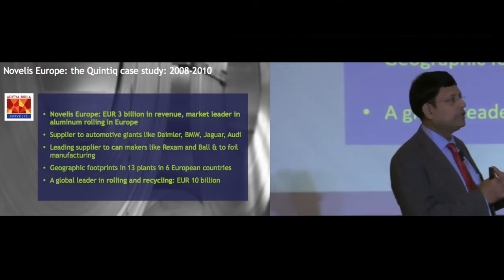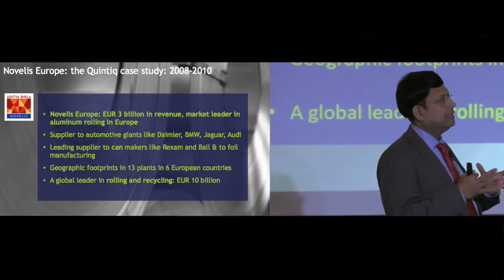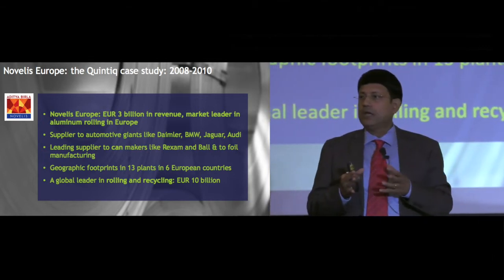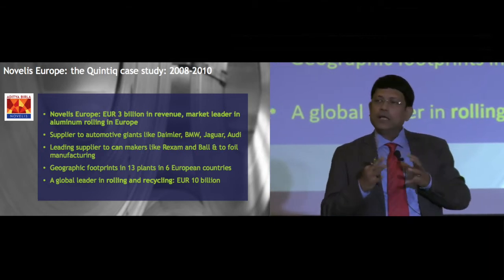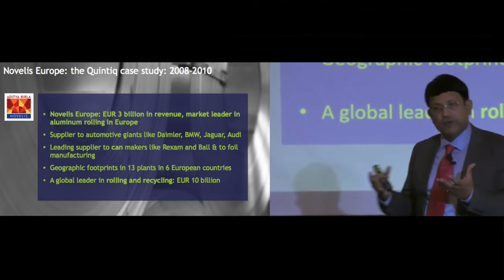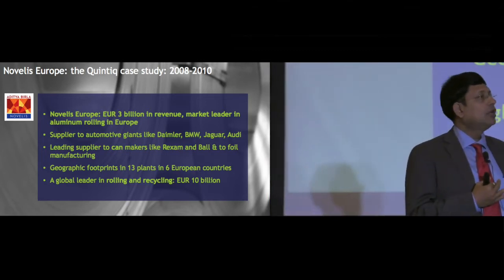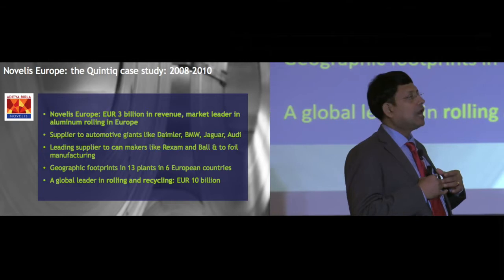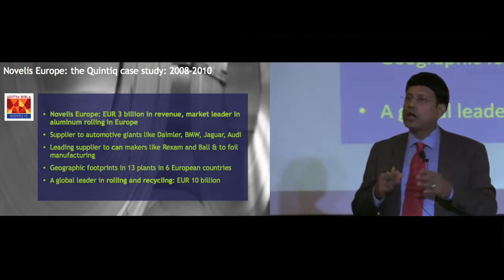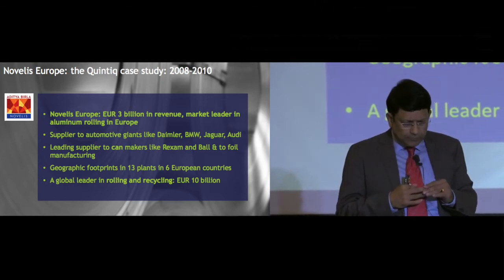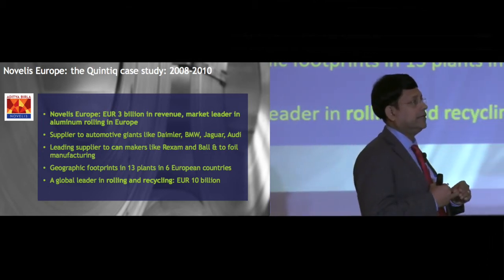One was the automotive stream, catering to end users like Audi, Daimler, BMW, Jaguar. So these kinds of customers were there. The second product that it did was beverage cans, which was supplied to can makers like Rexam and Ball. And thirdly, it also catered to a large number of small customers who were in the foil business. So this was the kind of product mix that we had. And of course, Novelis is a global leader in recycling.